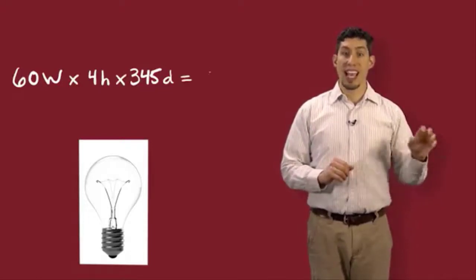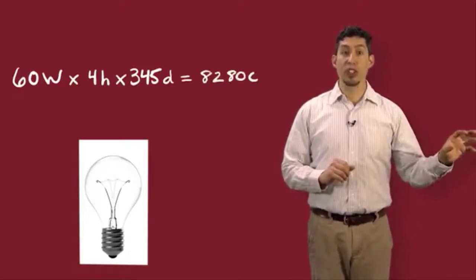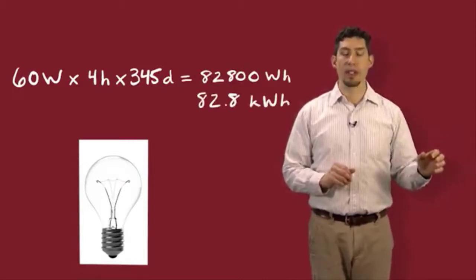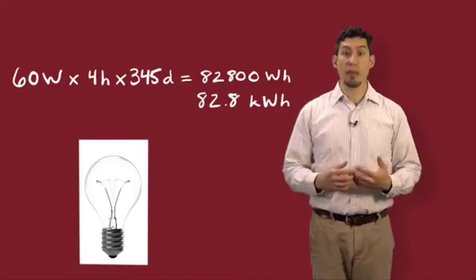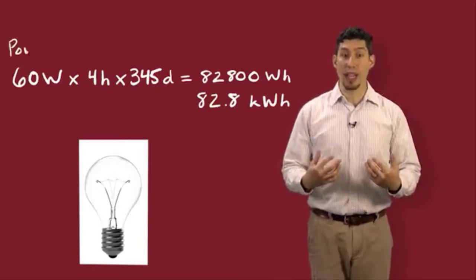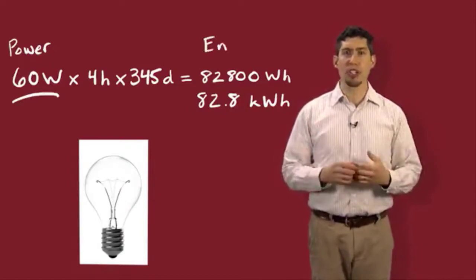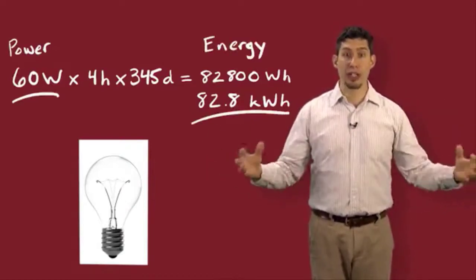That equals 82,800 watt hours or 82.8 kilowatt hours. So even though the light bulb has a lower power rating of only 60 watts, it consumes much more energy over the course of the entire year.